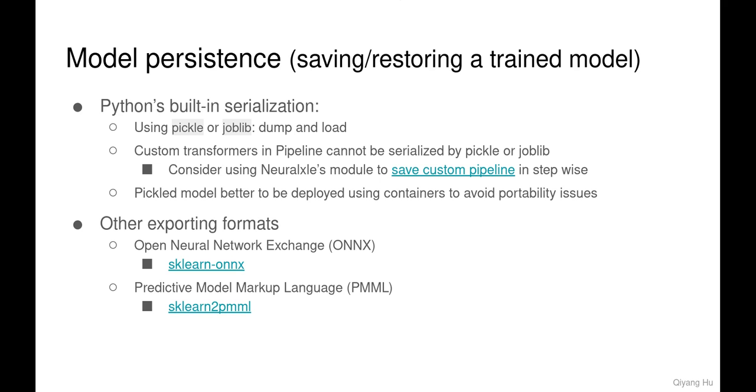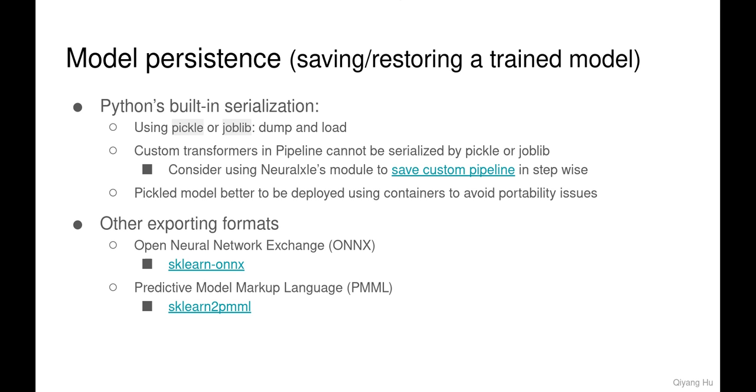Another note for model persistency is the portability issues you may have. Sometimes the model can be very sensitive to different versions of Scikit-Learn, NumPy, or SciPy. Sometimes it might be related to your system environment variables. The pickle serialization and deserialization process can make your model not portable to another environment.